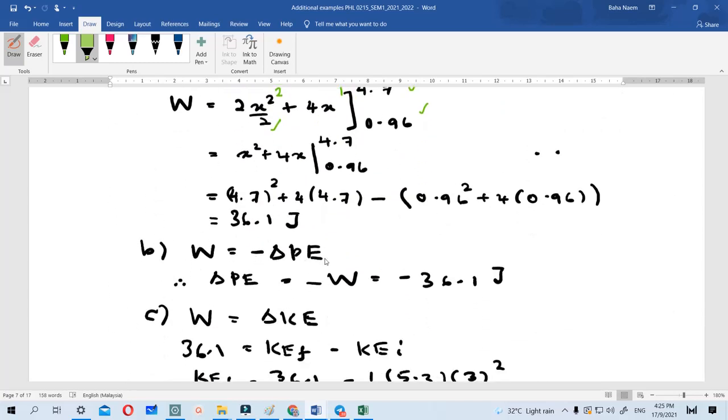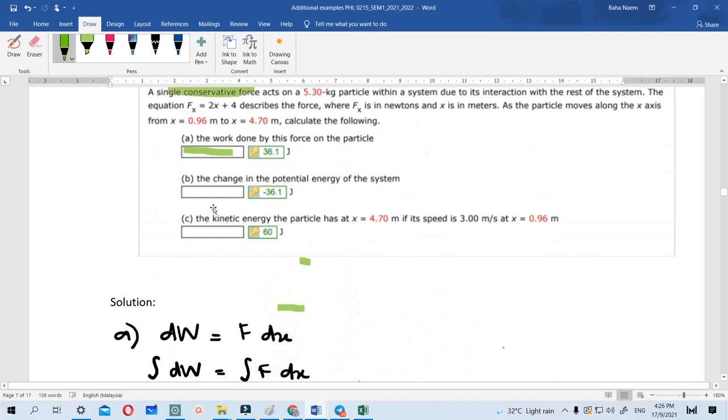So the change in potential is the negative of the work, or similar to your textbook, the expression is negative change in U. Alright, so how about C? Kinetic energy of the particle at x if the speed is 3 at 0.9 seconds. Okay, let's just rephrase this.